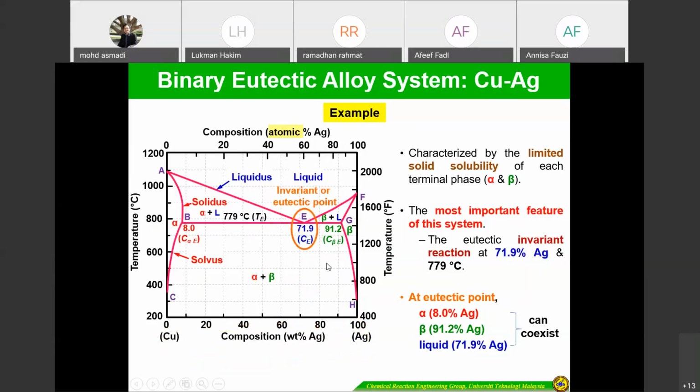At the eutectic point, if you look here, alpha is 8% and beta is 91.2%, and the liquid is definitely 71.9 argentum. How can we determine 8% and 91.2%? If you look here, this is the eutectic point.